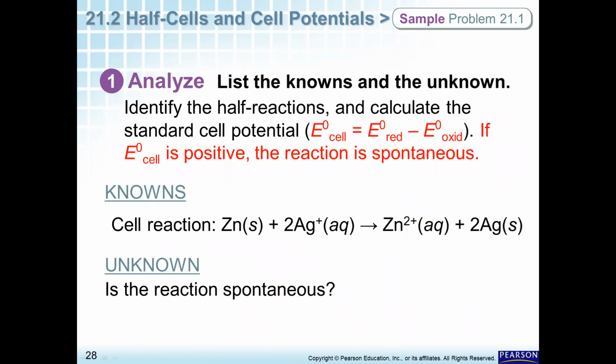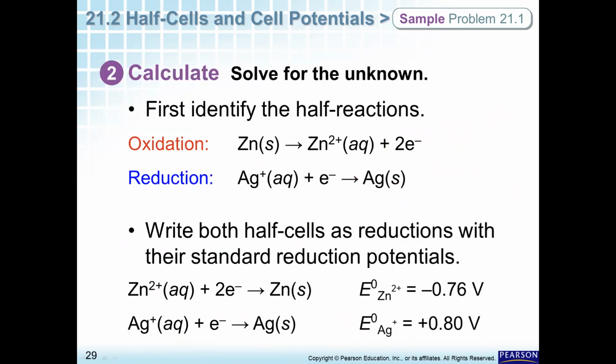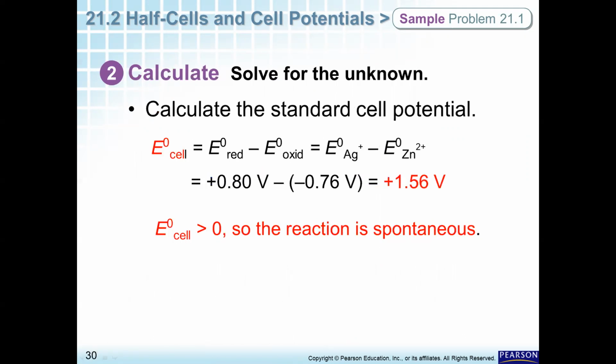This is again what we did: writing the two half reactions, finding the reduction potential from the table, applying the equation, which is reduction minus oxidation, positive minus negative, that is plus. So E of the cell is above 0, which means that it is spontaneous. Okay, right. What other examples may we have?